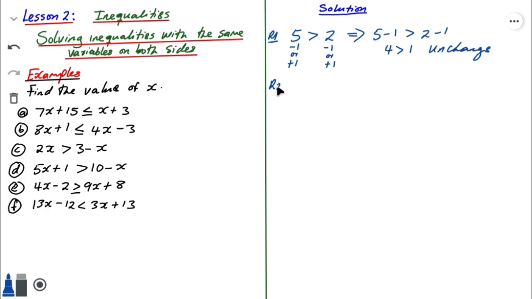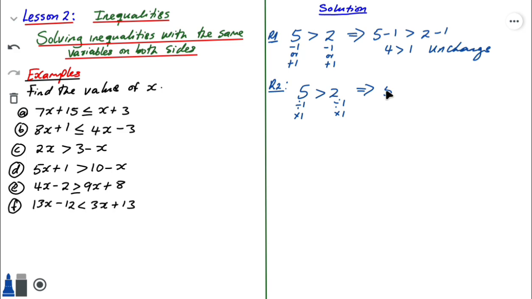Now, rule 2 says that when we multiply or divide both sides by a positive number, the inequality sign remains unchanged. That is, if I'm given 5 greater than 2, and I multiply both sides by 1 or divide both sides by 1, my inequality sign will remain unchanged.